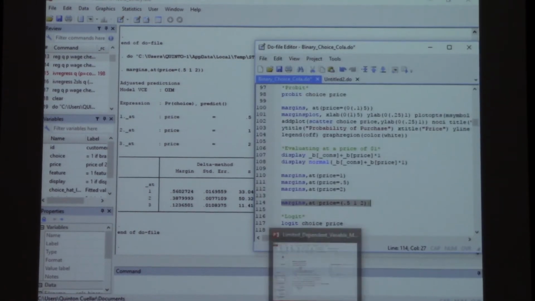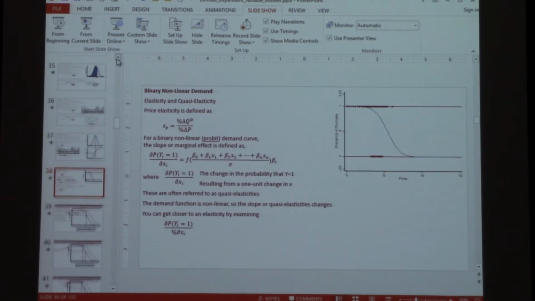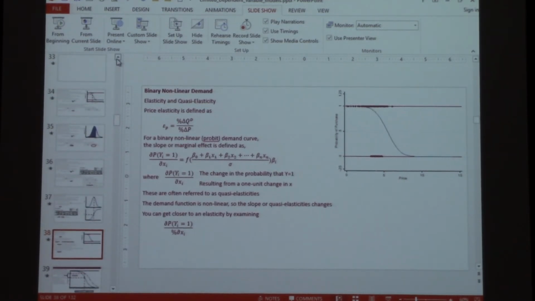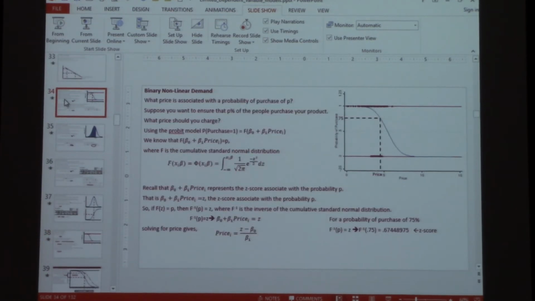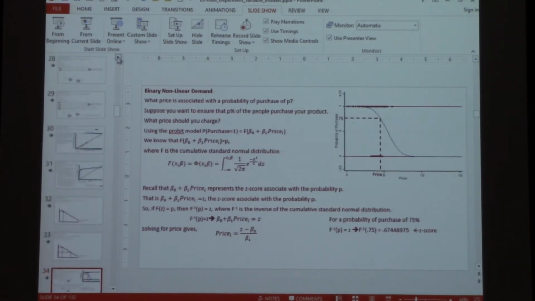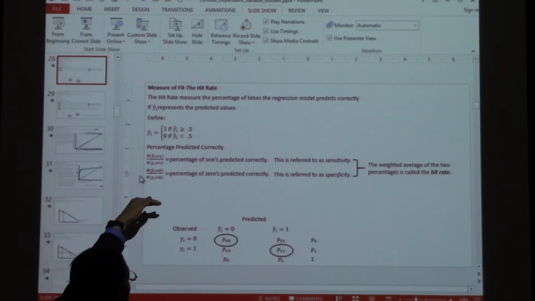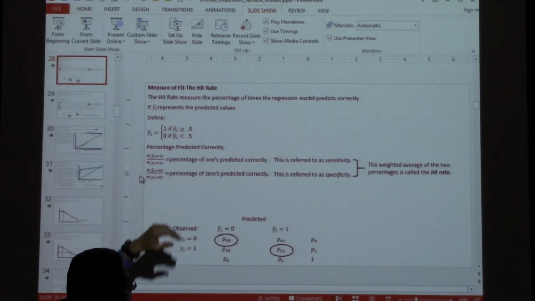All right, hit rate. Again, hit rate is the most commonly used measure of fit, or at least measure of accurate predictions. So in the table, the hit rate, which is the one metric, is really the weighted average of the ones predicted correctly and the zeros predicted correctly.